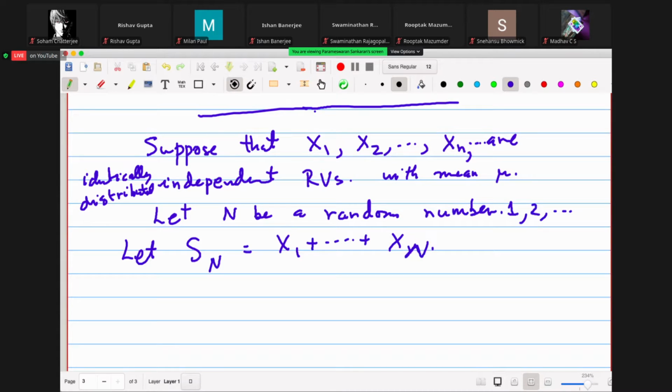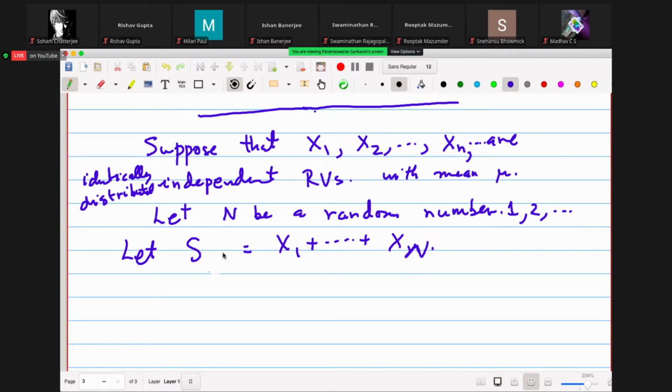Maybe I should write it here as S. S is a random variable which depends on N, obviously, the value of N rather.